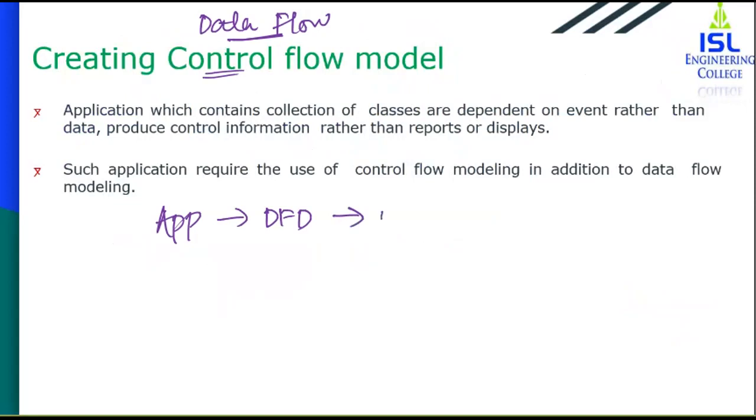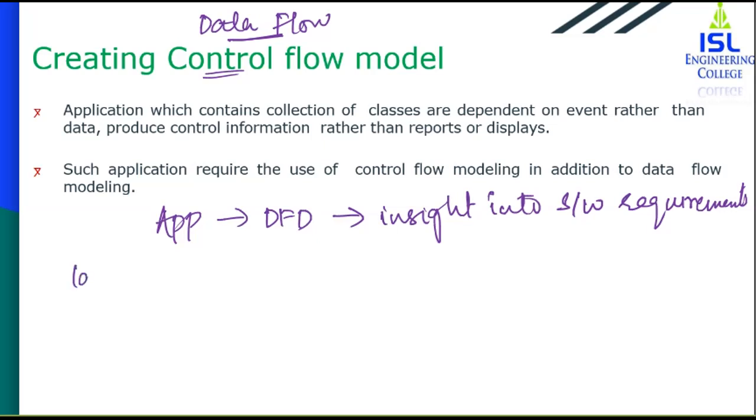Now these data flow diagrams give you an insight into the software, that is, what are the different tasks being performed, and you get to know the different software requirements. So this is for the majority of applications. Then a large class of applications, a whole other bunch of applications, are driven by a specific type of event.